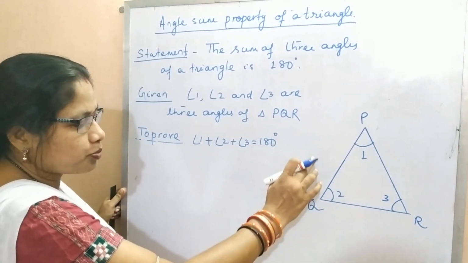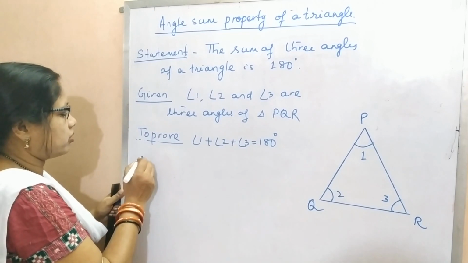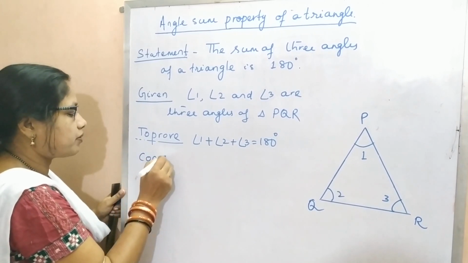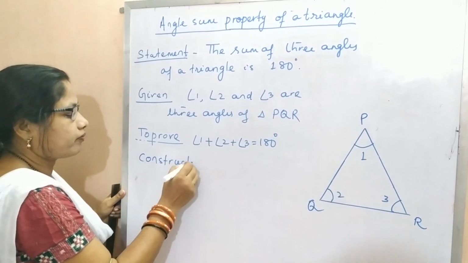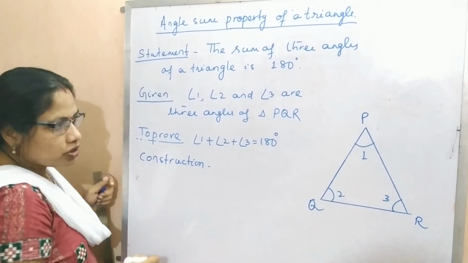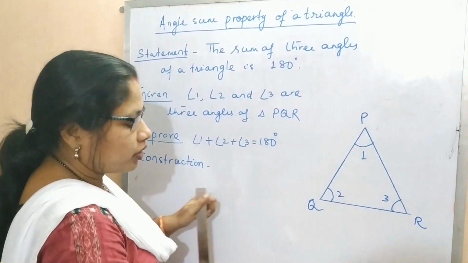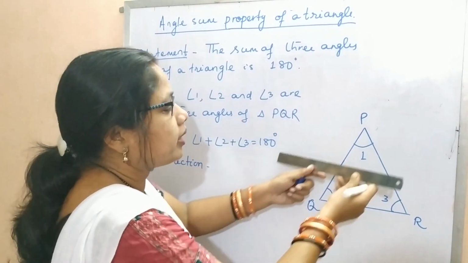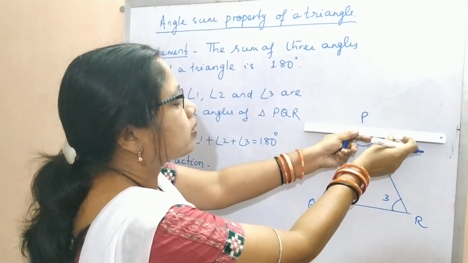So for this proof, we need construction. So next step is our construction. At point P, draw a line XY parallel to QR.